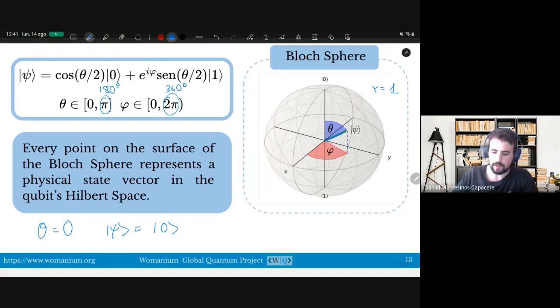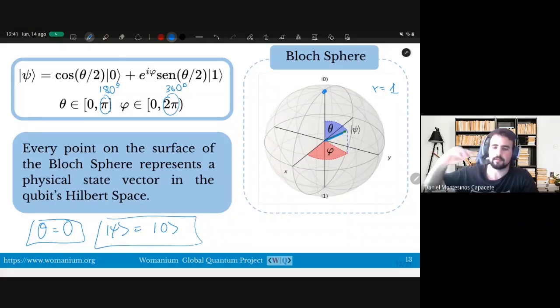So when theta equals 0, the angle phi can be anything, but if theta equals 0, it is the 0 state, right? And that's this point on the sphere, the point at the very top of the sphere, is the 0 state, and that's why here you have this 0 indicating that that point relates to the 0 state.